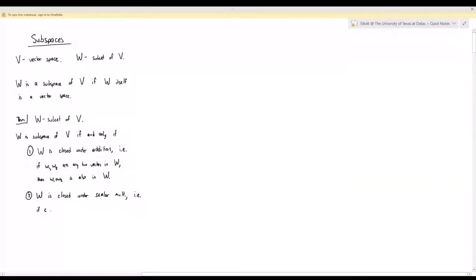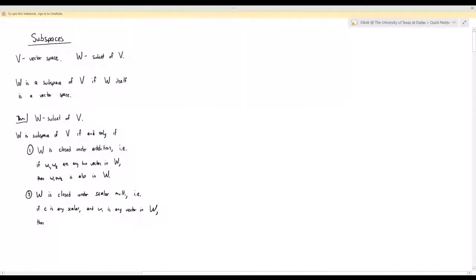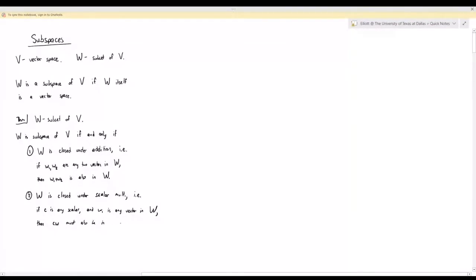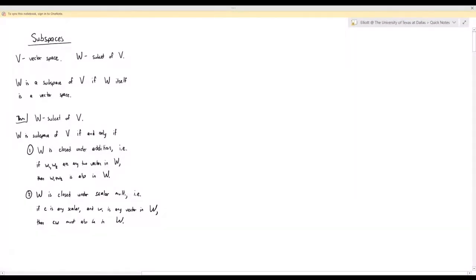If C is any scalar, and if W1 is any vector in W, then the scalar multiple C times W1 must also be in W. So to check if something is a subspace, you only have these two properties that you need to check.